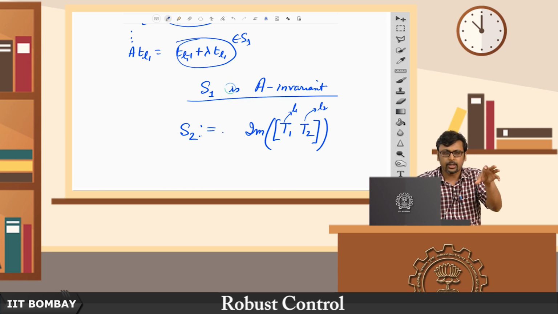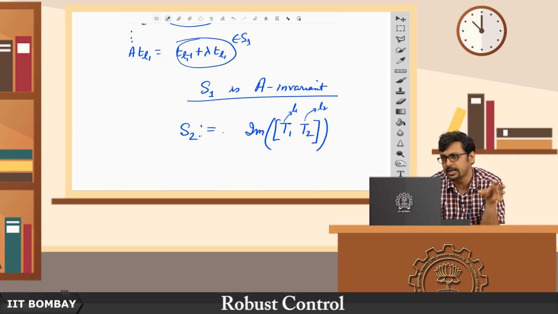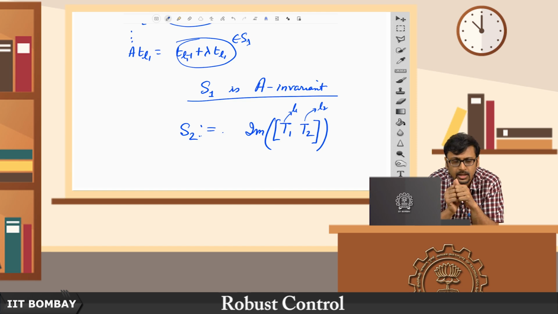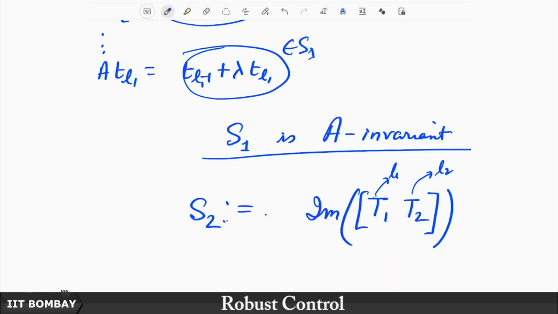In fact, they do not need to be consecutive either, right. You can take the first L1 columns, then leave the next L2 columns and take L3 columns. You take any vector that belongs to the image of T1 and T3, and you will see that, subject to this choice of basis, you have to keep the zeros in between.